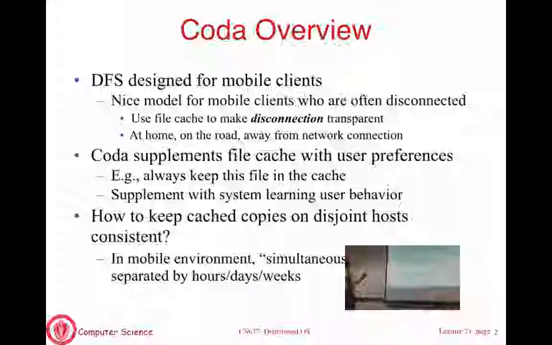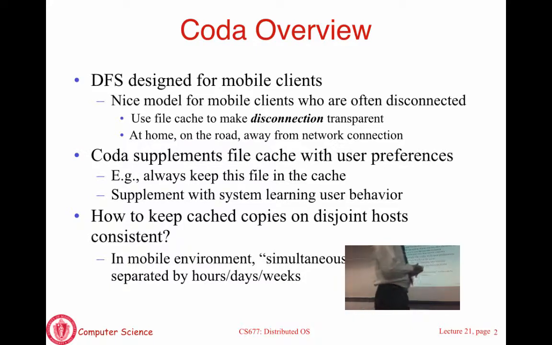Okay, so Coda is a distributed file system that was a project that came out of CMU about 15-20 years ago now. So it's not a very new project. It's been around for a while, and the main motivation for Coda was to design a file system for mobile clients.